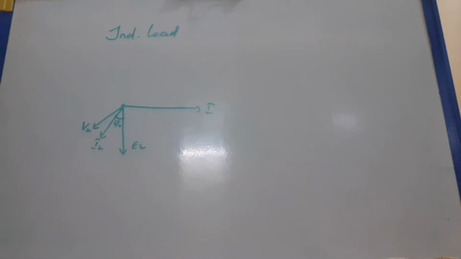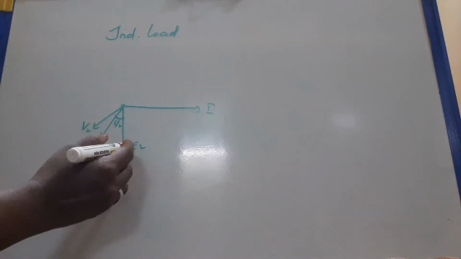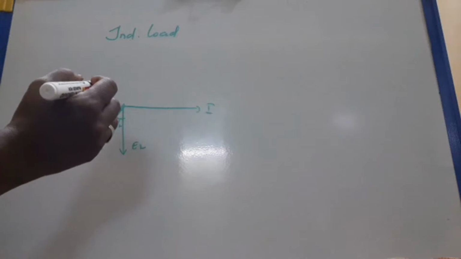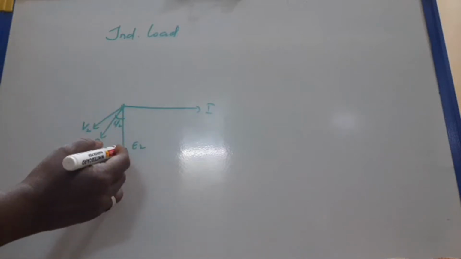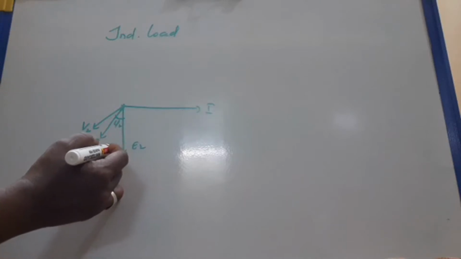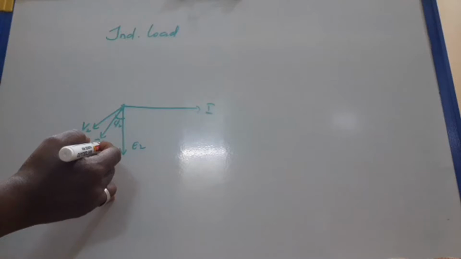So in this case, you have to take the direction of E2 minus I2 R2 minus I2 jX2 equal to V2. So the direction of I2, V2 minus, so opposite direction.